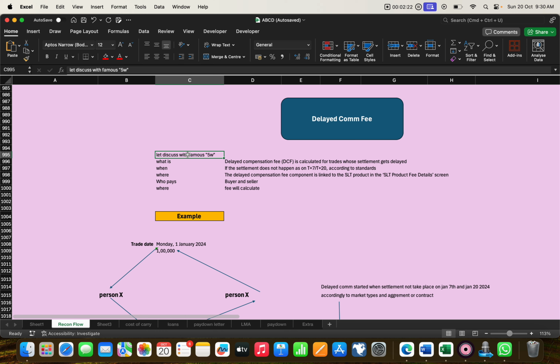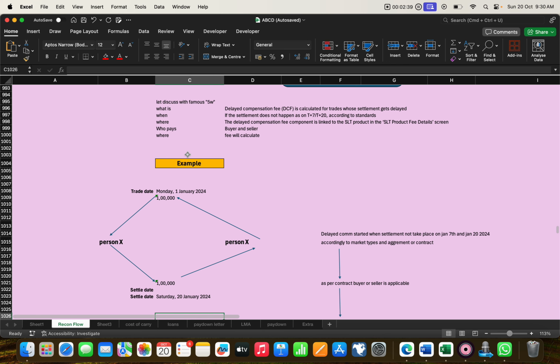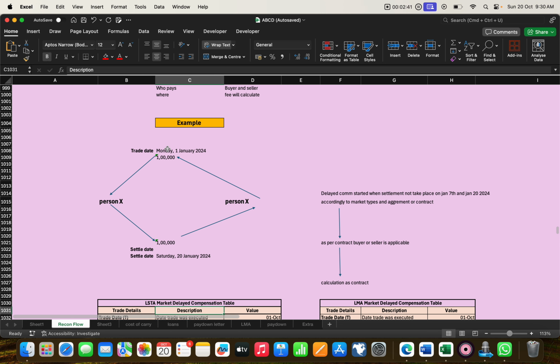And where does it get calculated? It is calculated on the basis of the number of days it gets delayed, like 2 days, 1 day, or maybe 10 days. Let's come to the example. For example, the trade date of XYZ security for 1 lakh is 1st January 2024.